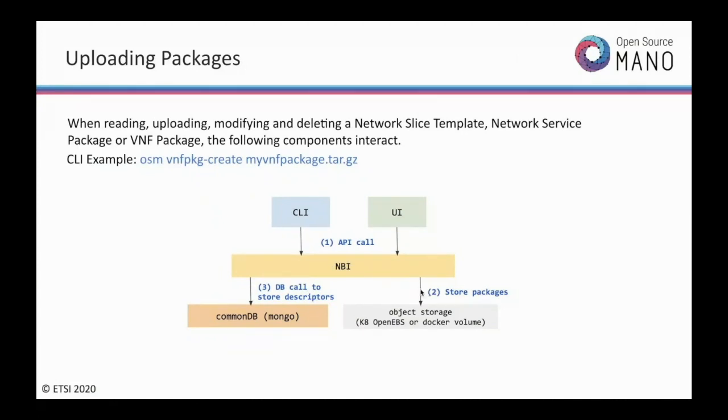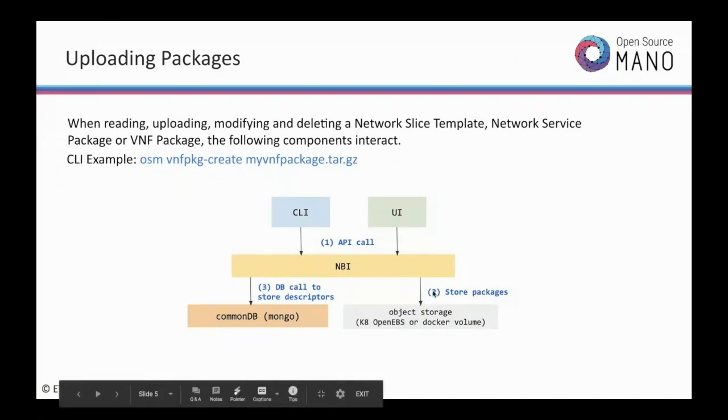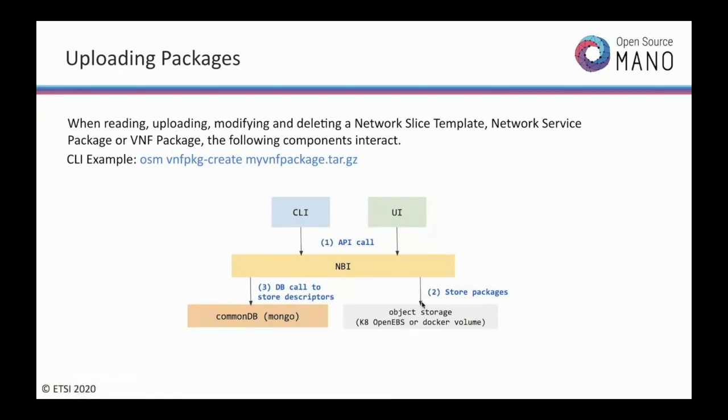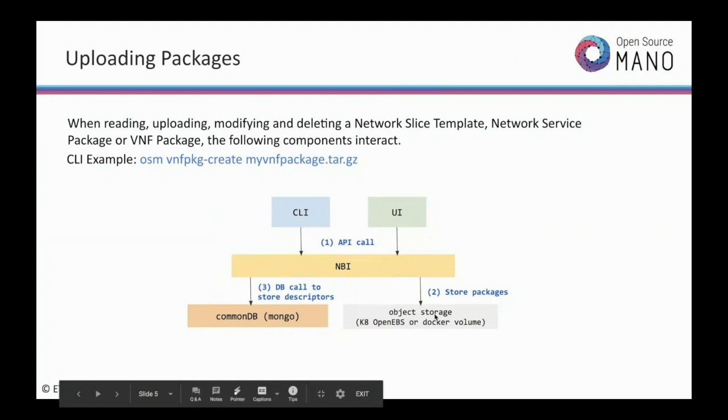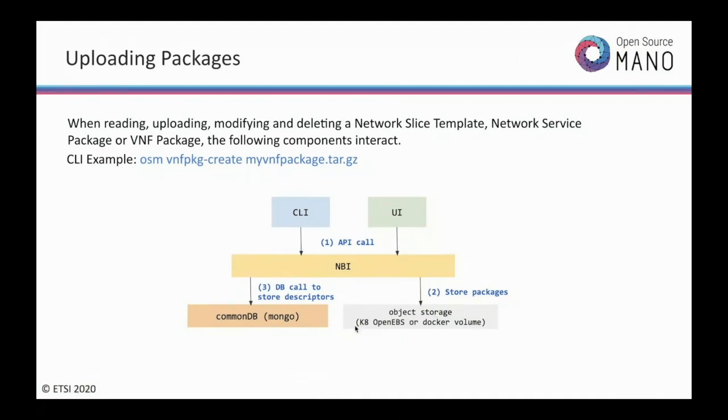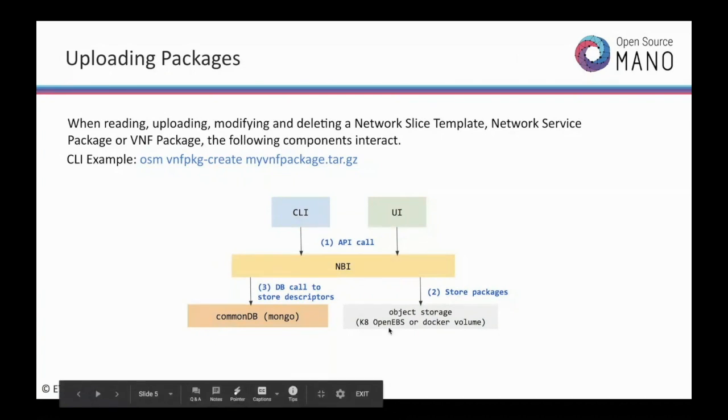NBI then translates that call to a package storage in the storage that we have depending on the installation. So this would be a local file system, a Docker volume, any storage backend provided by Kubernetes, or it will depend on the installation of the OSM environment that you have.